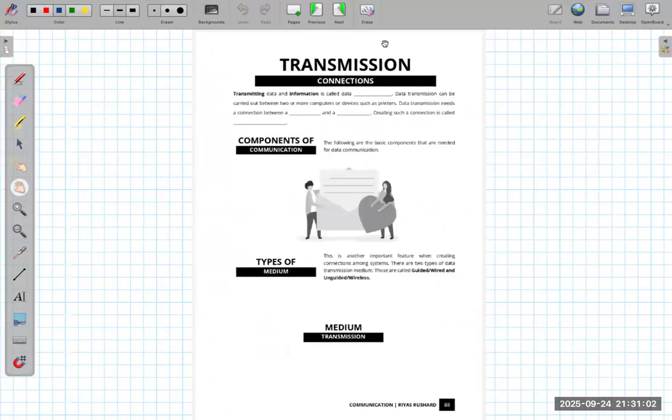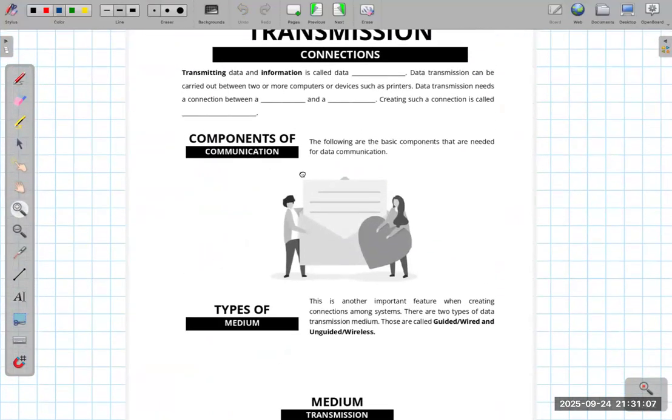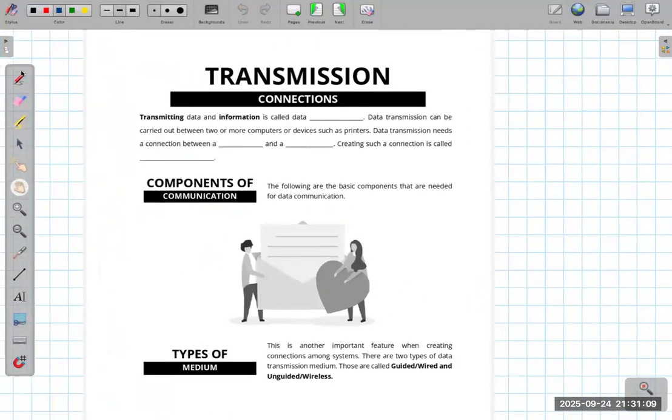Let's get into transmission medium. I'll give you this introduction. Okay, under the transmission medium section. Transmitting of data and information is called communication or transmission.